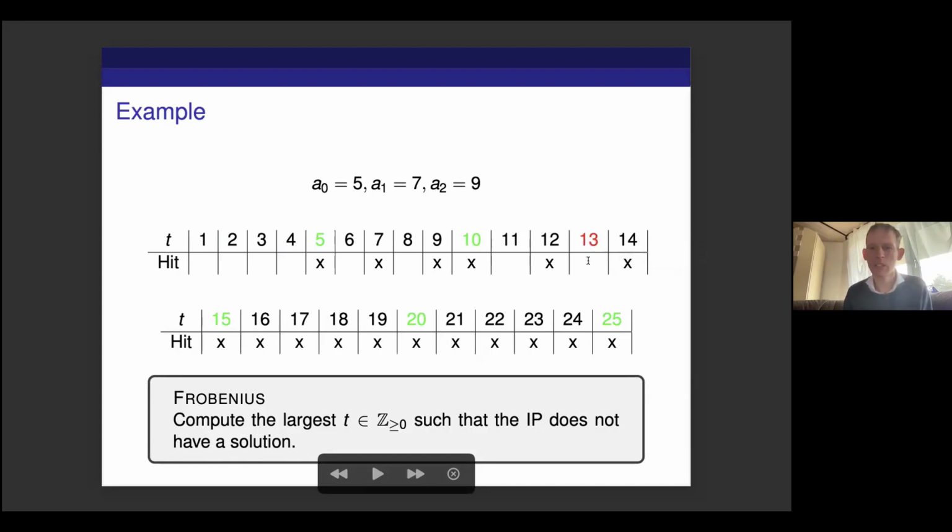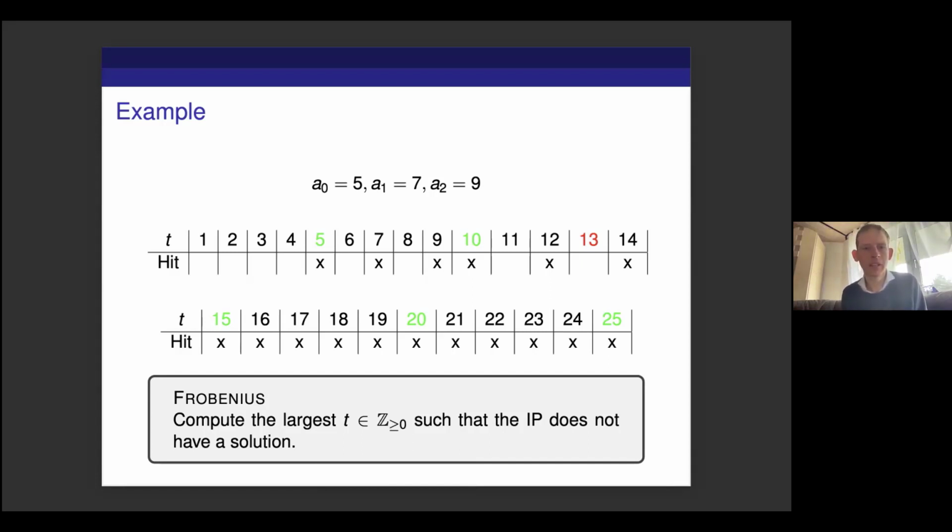In our case, this is the number 13. After 13, every target value will be feasible. That is actually very easy to see, but you need to assume one thing: that the GCD of the item sizes is 1. Otherwise, of course, that would not be possible.